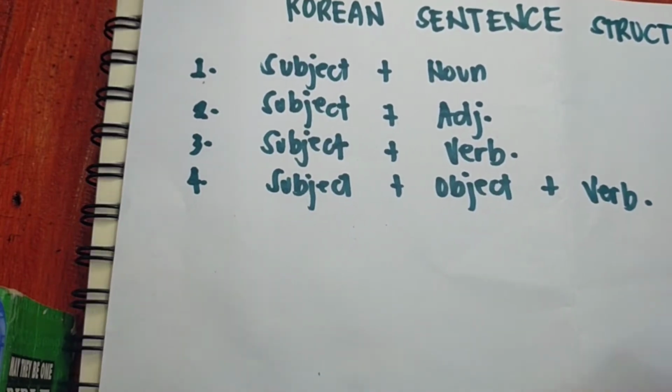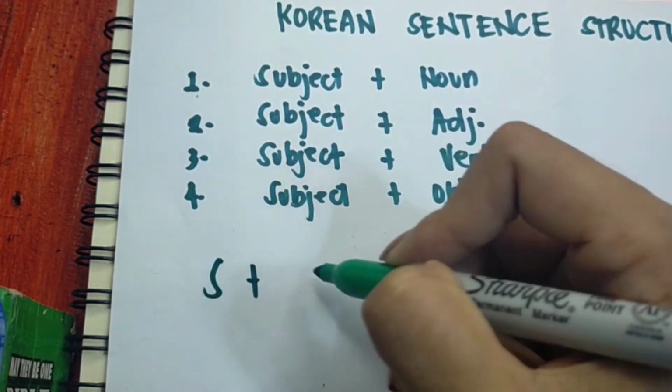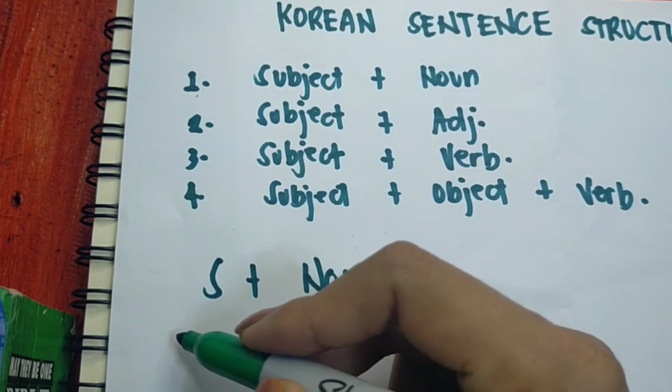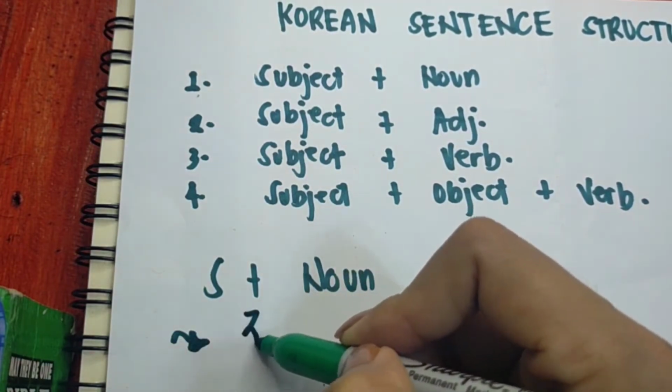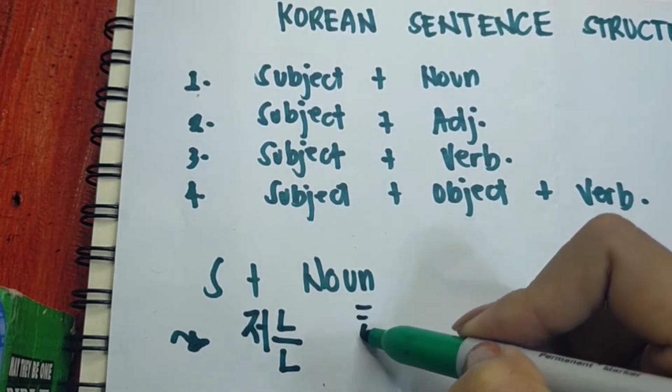For example, sa number 1, example lang subject plus noun: 저는 학생이에요.